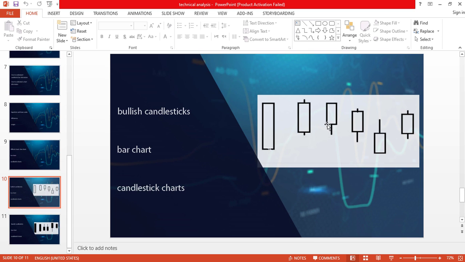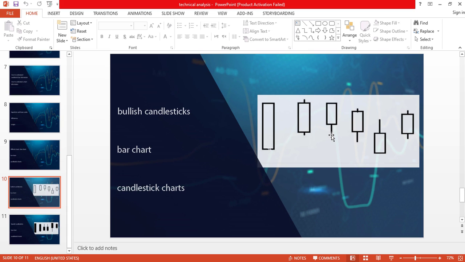Here, this shadow shows us. Let's see what has happened inside this candle. The price started from here and started a downward movement to here. But the traders, the market members, realized that this symbol will be valuable, I mean, this stock will be more expensive.